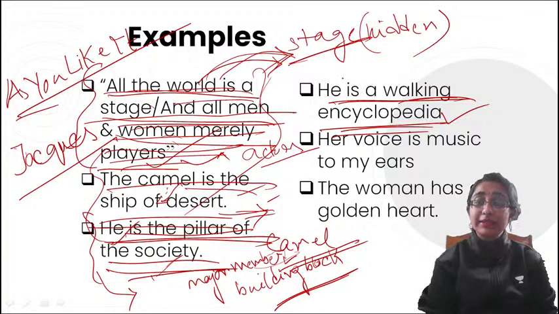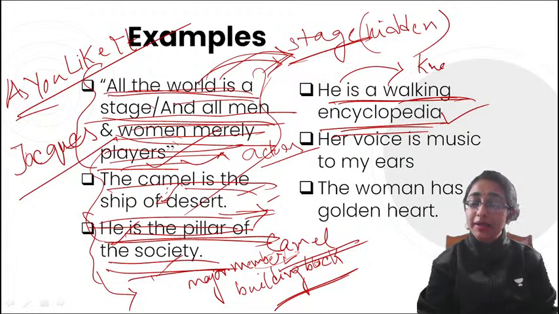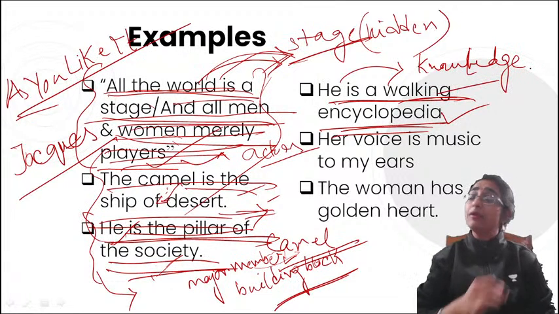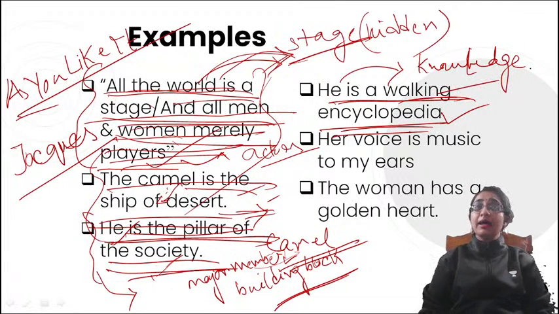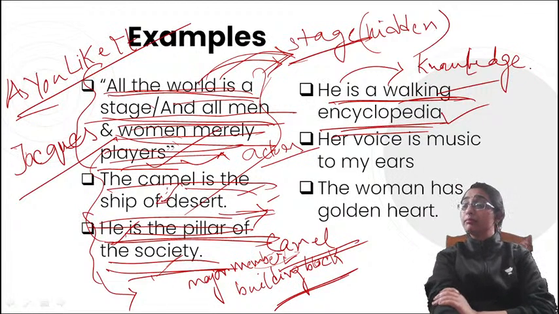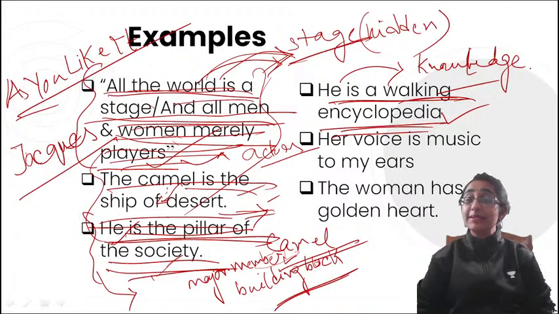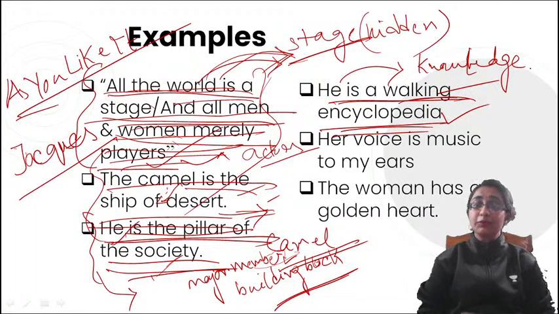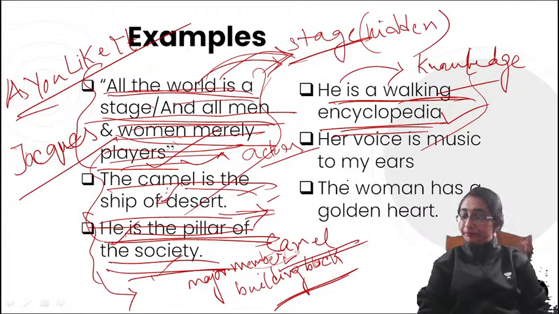So this man's knowledge is compared to the knowledge of an encyclopedia. That means he knows everything. There is no field of knowledge which he does not know. He is a very, very wise man. So that is signified here.